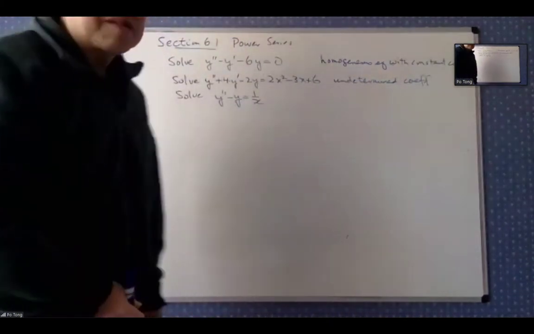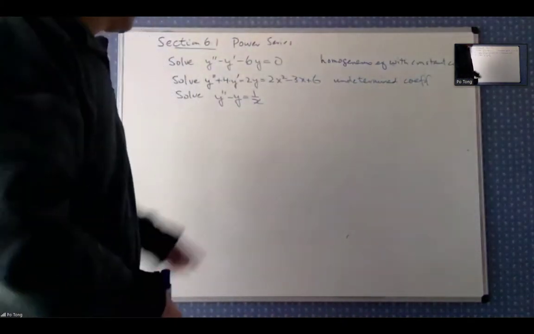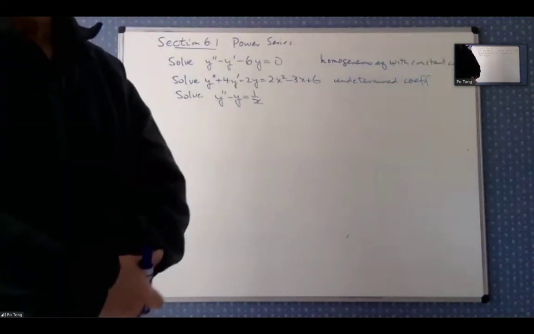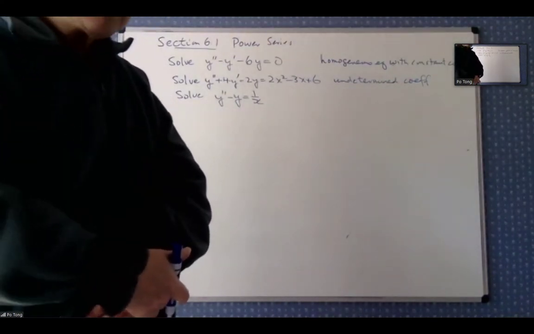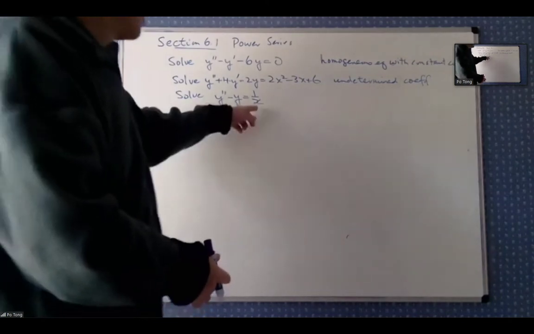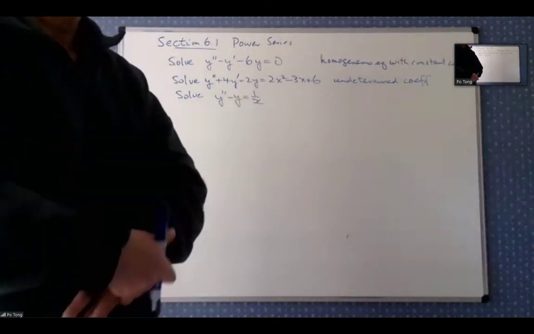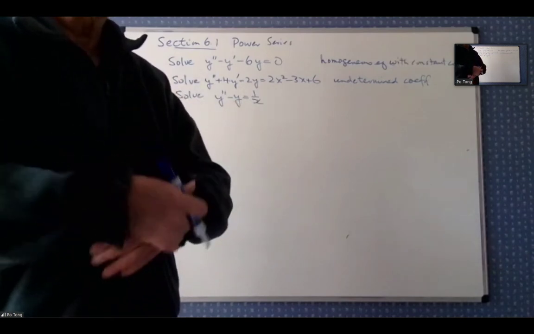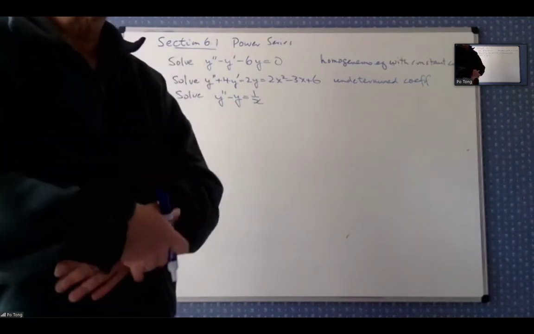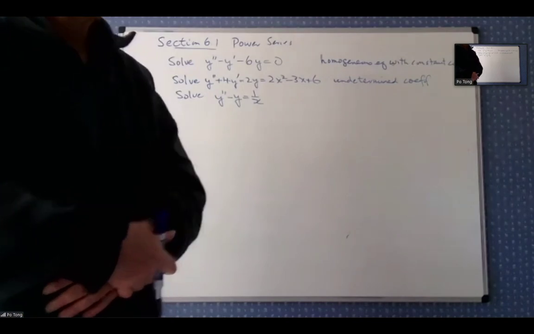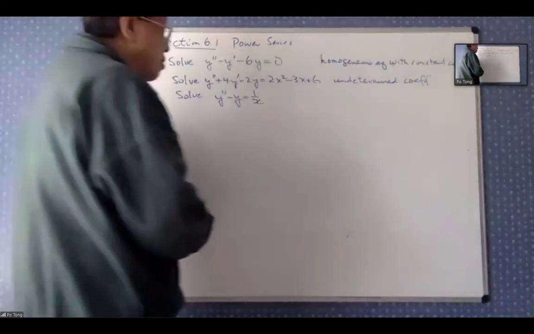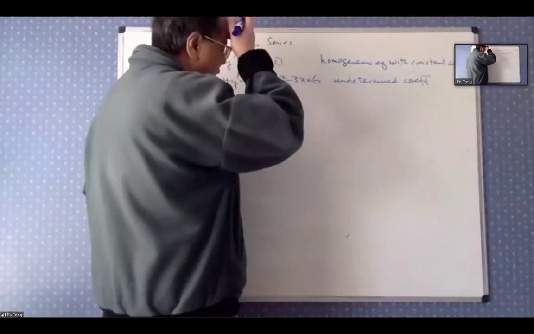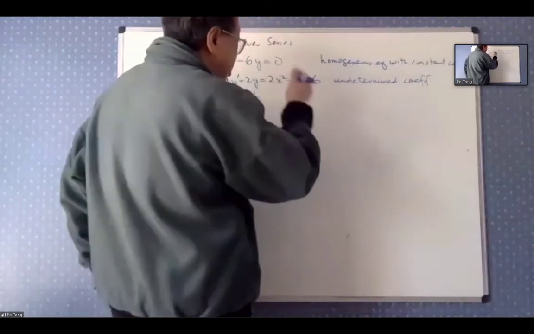What technique do we use to solve something like this? Can we use undetermined coefficients? The right hand side, if we keep differentiating it, does it stop somewhere? Does it terminate or repeat? No, it doesn't. So we have to use a technique that we learned, I think, in chapter 4 also.